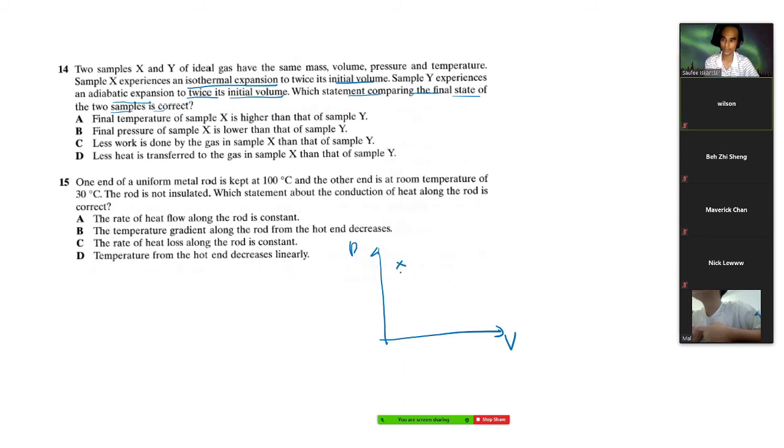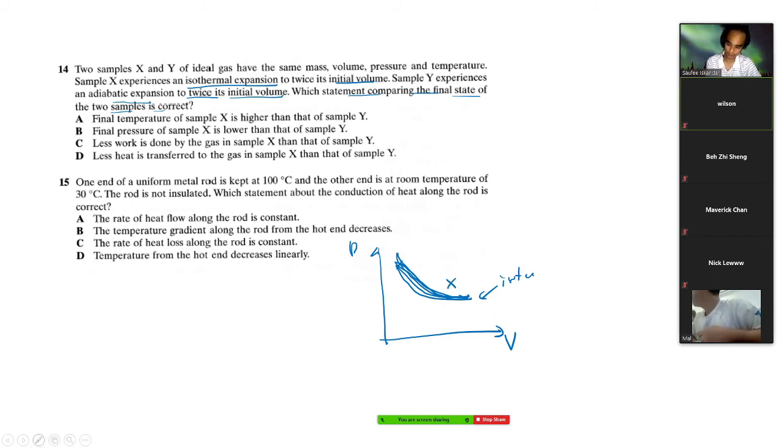For X, isothermal expansion, it drops down over here. This is the curve, and the curve is an isotherm. Okay, this is for sample X.